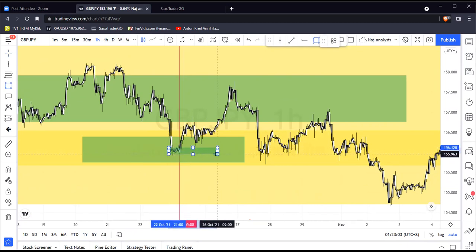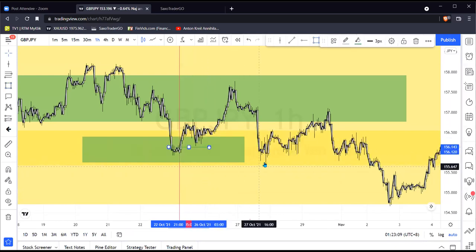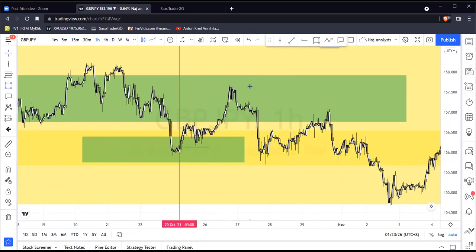Here it actually does give you an entry. It depends on the broker, because I'm using an ECN account, so my entries are quite sharp. For GJ the spread is less than 1 pip. If you don't get the entry here, you can wait for the next breakout.